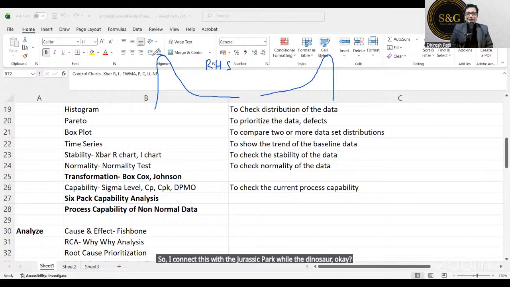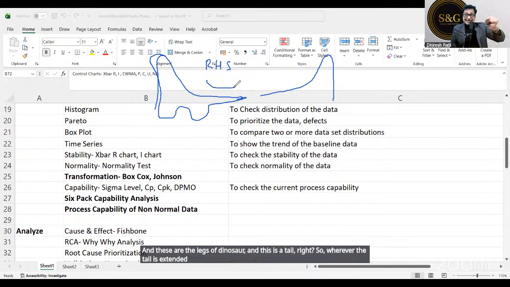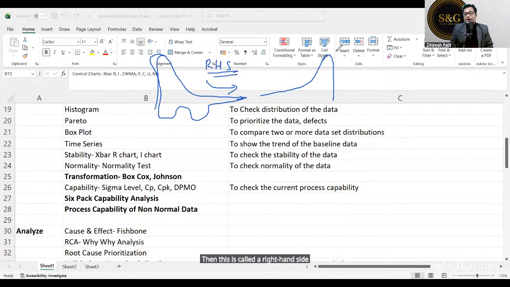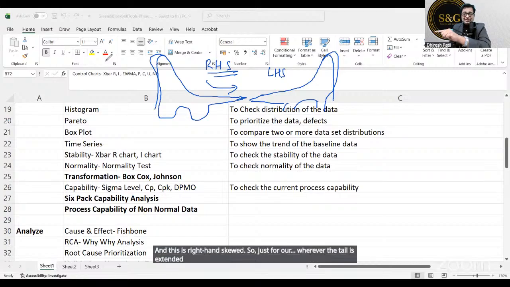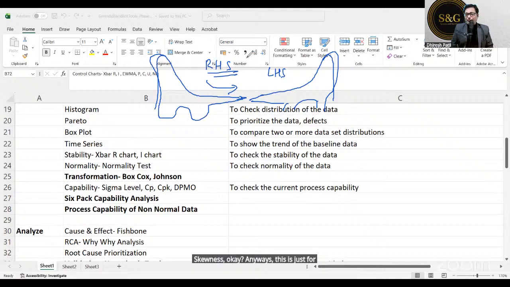This is a big dinosaur and these are the legs. If the tail is extended on the right hand side, it is called right hand side skewed. And if the dinosaur faces this way and the tail is extended on the left hand side, it is called left hand side skewed, LHS. Wherever the tail is extended on one side, that is the skewness. Anyway, this is just for fun remembering.